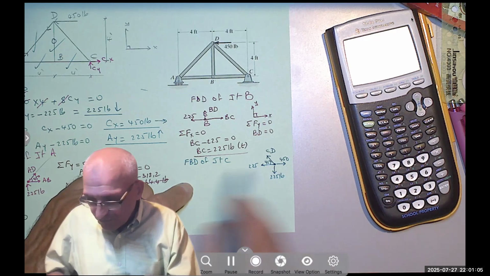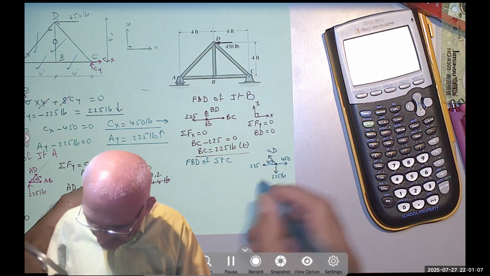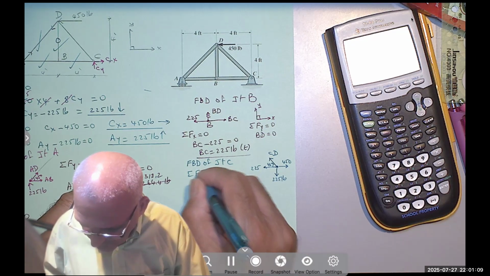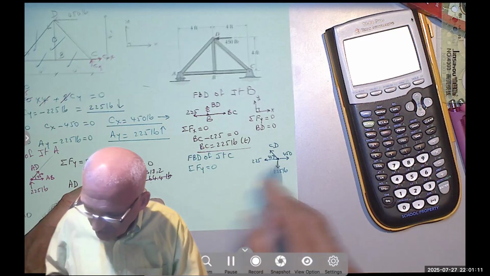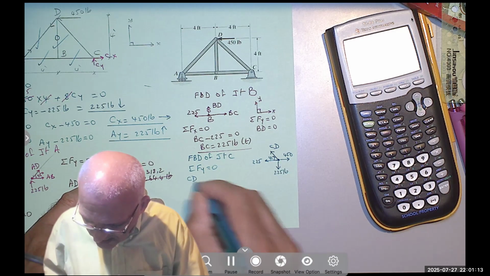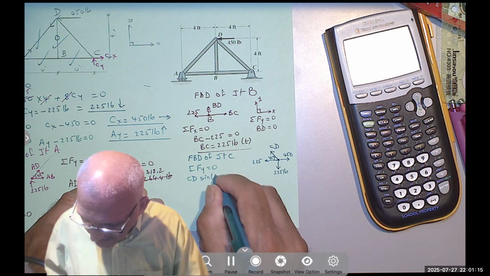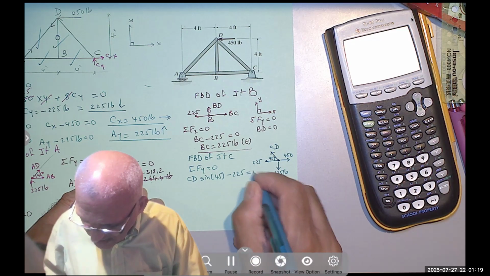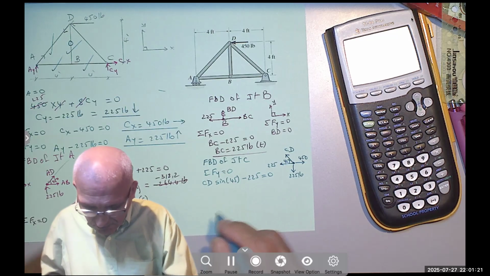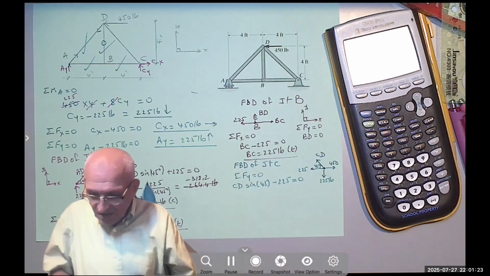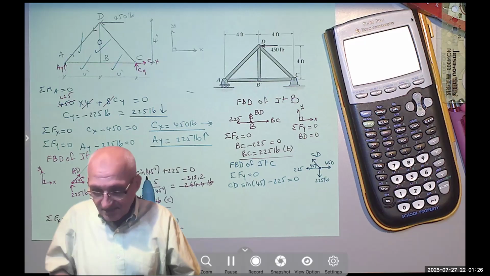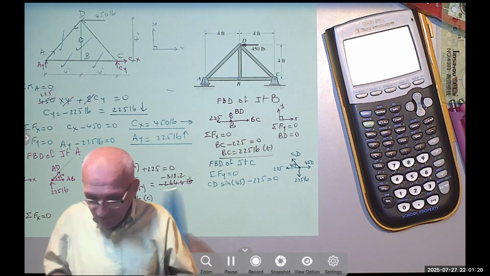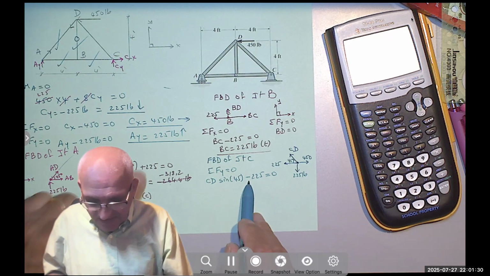Or you use the sum of the forces in the X. In fact, it's much easier to say the sum of the forces in the Y equals 0. I have CD sine 45 minus 225 equals 0, which is exactly like before, but the only difference is that this is negative instead of positive.